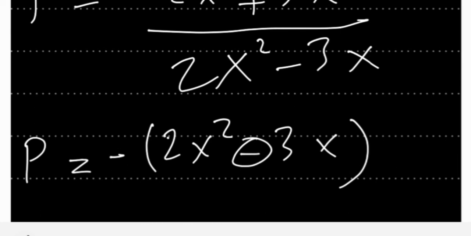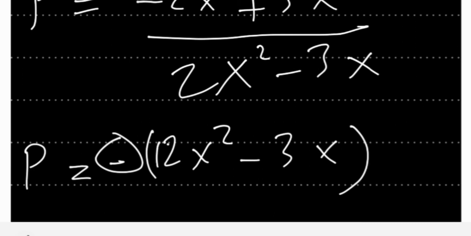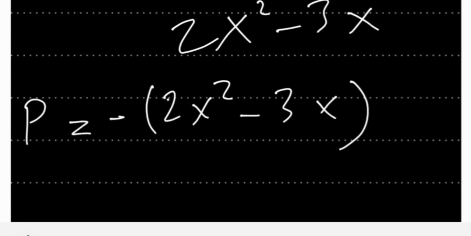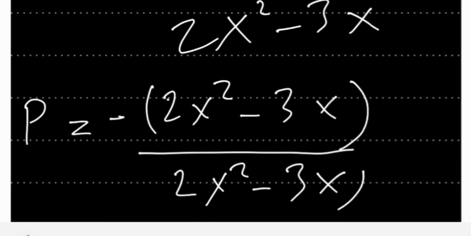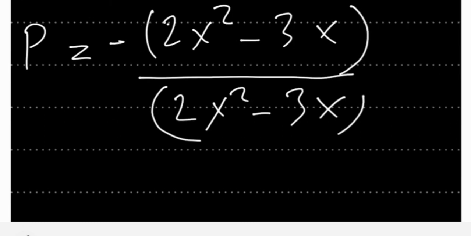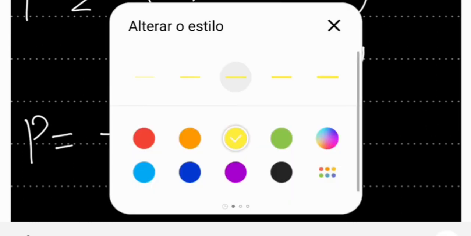Minus multiplied by minus, we would have a plus, and minus multiplied by this, we will have a minus over here, okay? So why am I doing this? Because now we have 2x squared minus 3x down here, so this can cut with this, so we have that p is equal to minus 1, and this is our answer, okay?